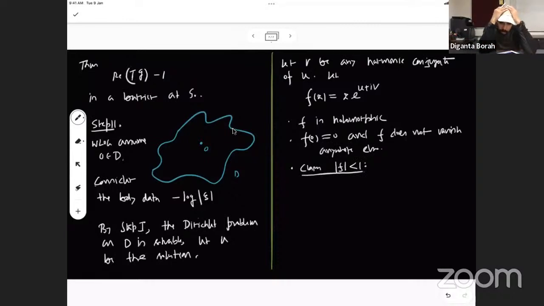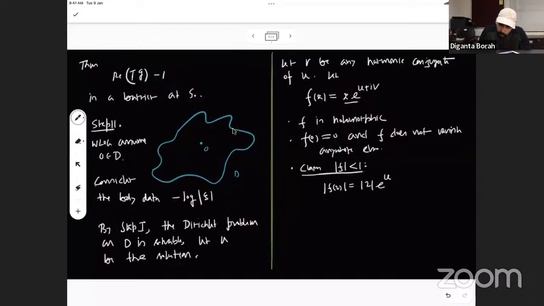How do I see this? Well, mod of f, from here, is mod z times e to the power u, right? So I want to show that this is less than 1.